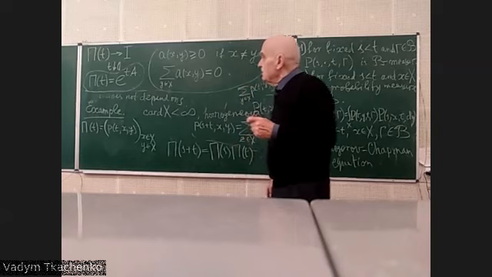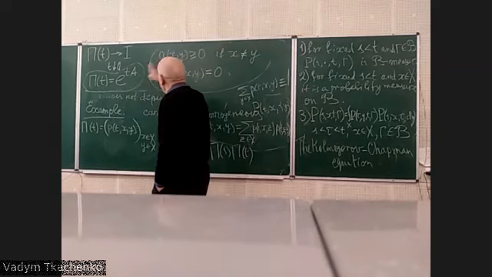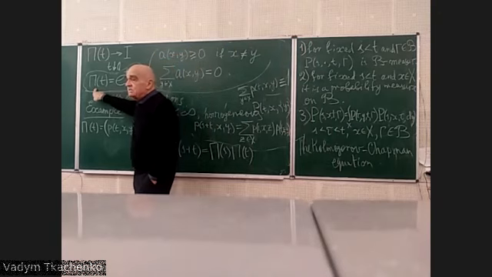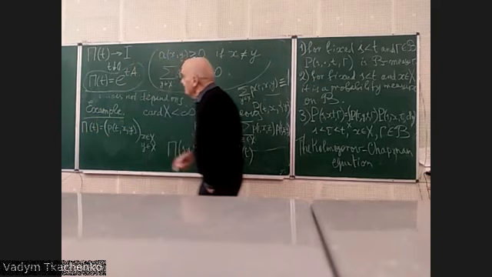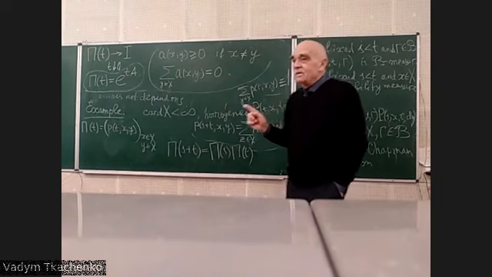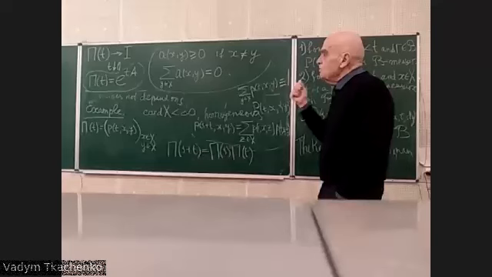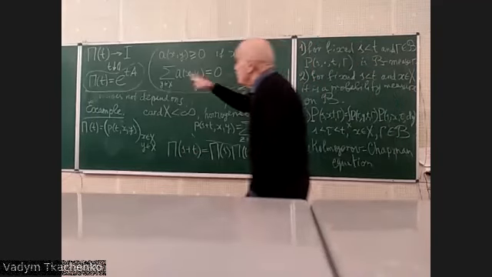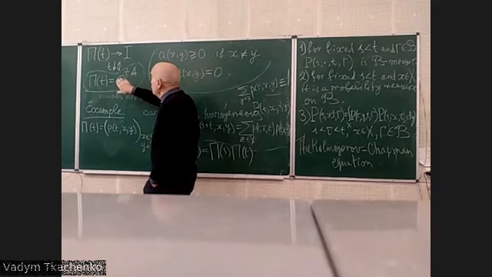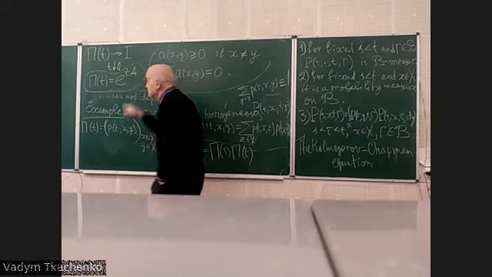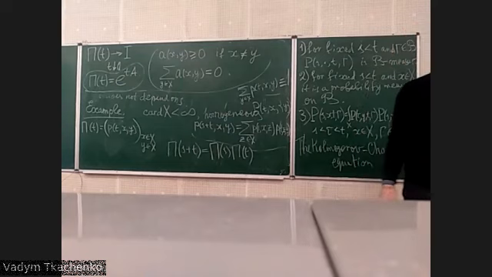Maybe next time I will explain how to prove that for any such matrix, the elements of this matrix are non-negative. This is the main problem with this assumption. I would like to show you how to use the maximum principle for proving that the entries of this matrix are non-negative. My time is over. Thank you. Thank you for the very interesting lecture.